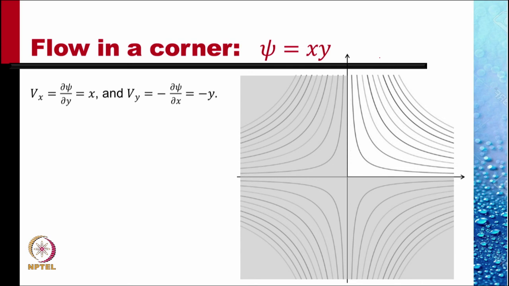This is a flow that comes here and goes towards this in one corner, with these replaced by solid walls. So what is the stream function of this corner flow? ψ equal to xy. Simple. And the velocities can be obtained at any x and y by these formulae.